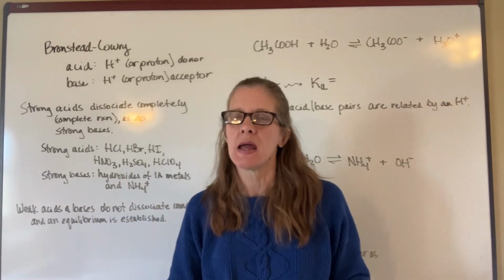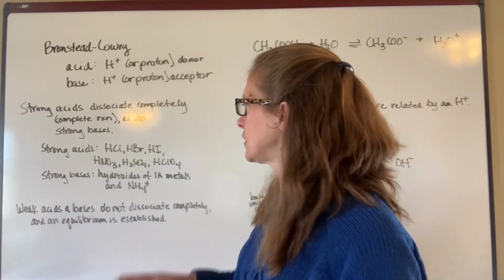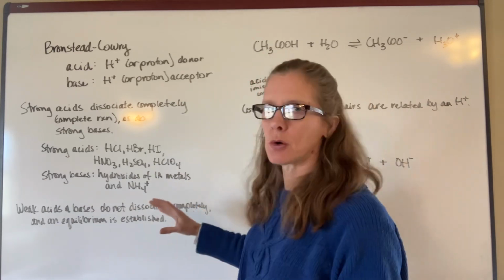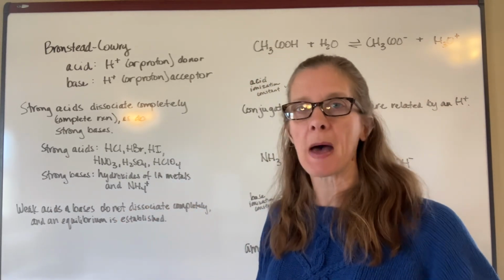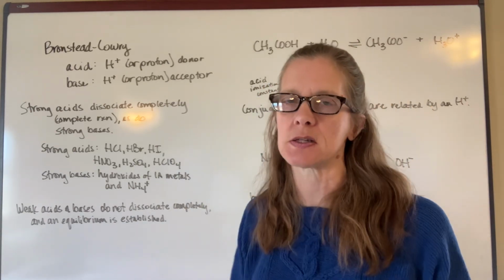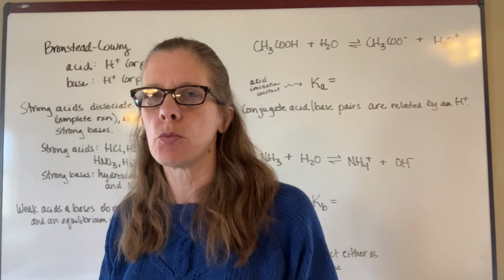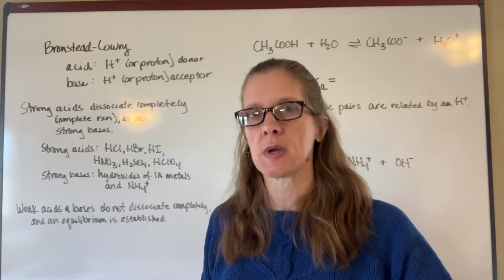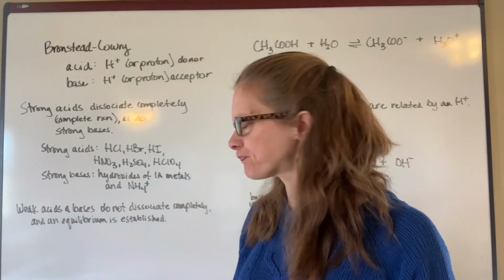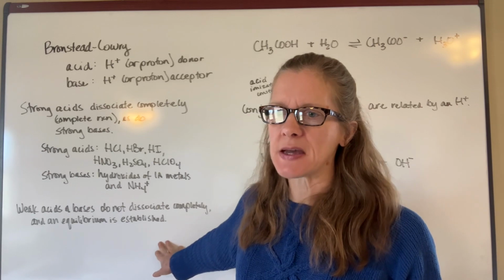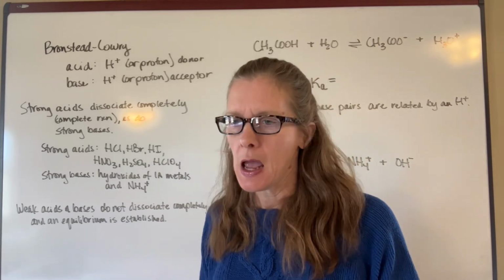Everything else is a weak base and will only dissociate partially and set up an equilibrium, okay? So that kind of gives you a heads up. He'll talk about it in the next section, but you do have to have these things memorized because you're going to have to be able to work problems knowing whether you're dealing with a strong acid or base or a weak acid or base. Okay, so that's the difference between strong acids and strong bases.